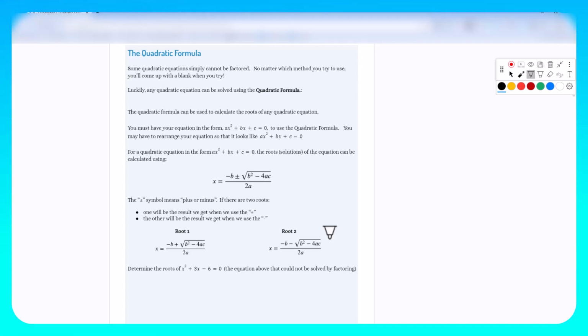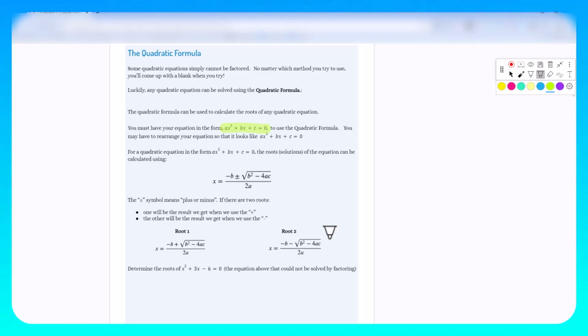Now, to start using the quadratic formula, you need to have the quadratic equation in standard form. So ax squared plus bx plus c. And if it's not in standard form, you need to arrange it so that it is in standard form.